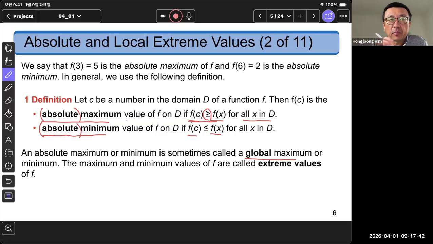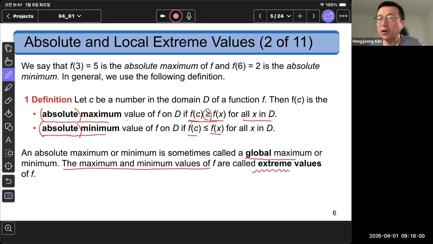And the maximum and the minimum values of f, if they exist, are called the extreme values.